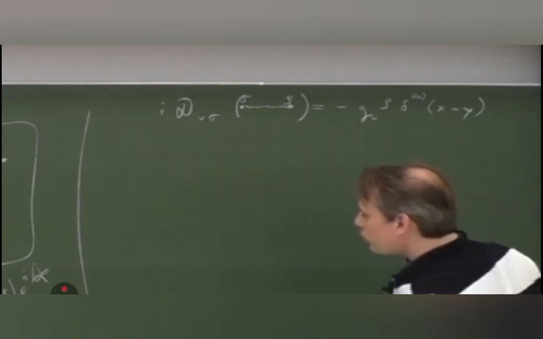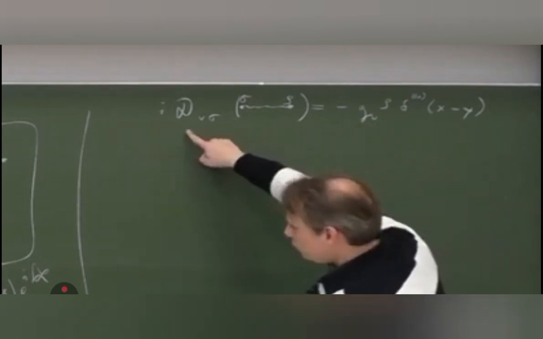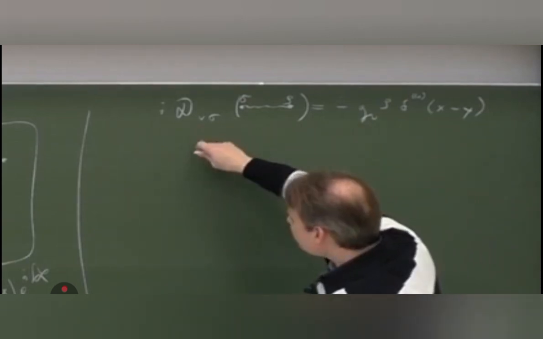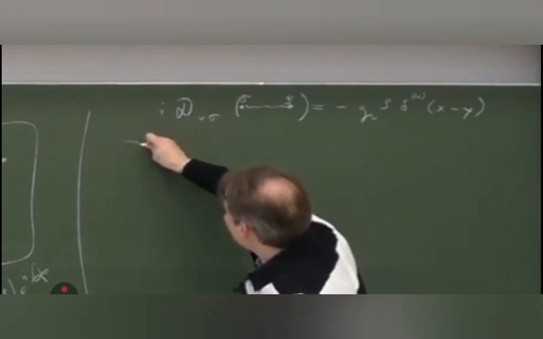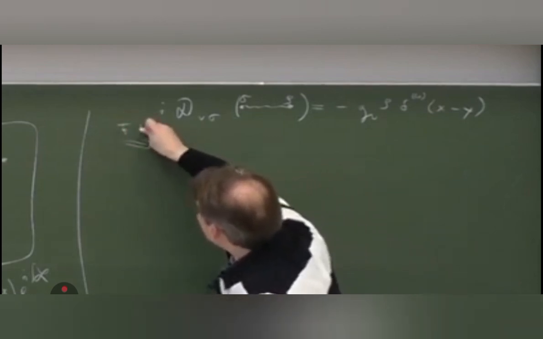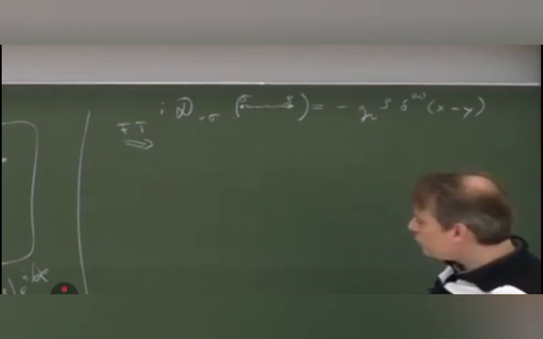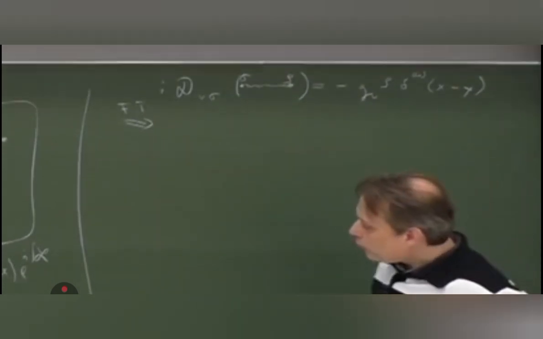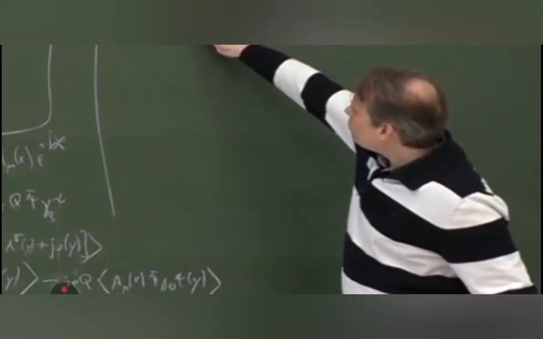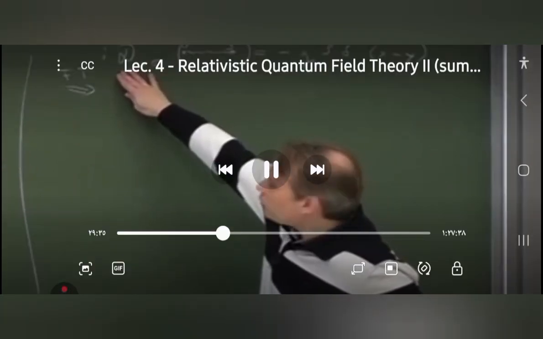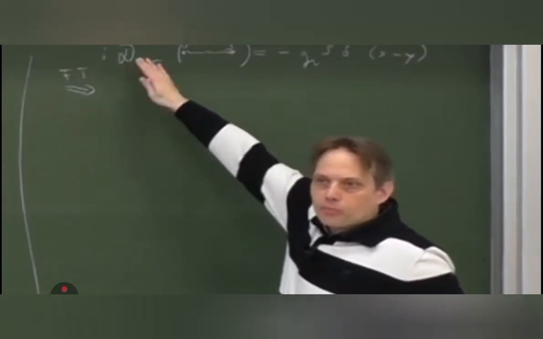And then we can also multiply the whole equation. We do first of all a Fourier transformation of the whole equation, then everything becomes momentum space valued. And if we have momentum space values, then the differential operator simply becomes a polynomial in the momentum.